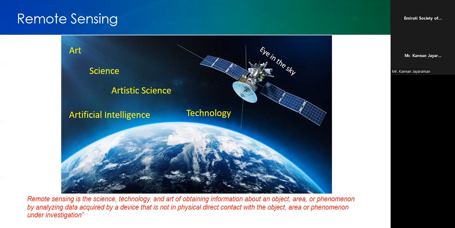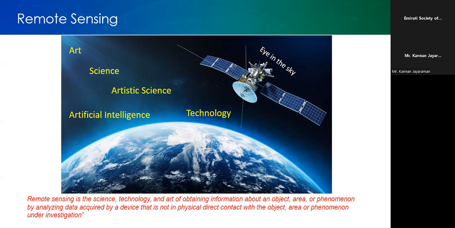We are looking at different shades of the nature of the surface of the earth, so we are talking about an artistic way of representing the earth. It's a science, an artistic science, and we have the technology to look from above. We see what is there on the earth, what is happening on the surface, what changes are happening, what was there previously and is not there now, or what is happening now.